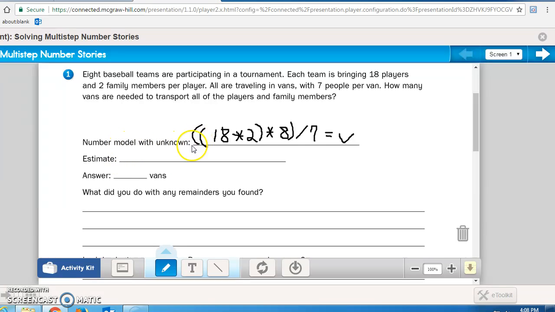Now to estimate that, I would just simply round 18 to 20, and I would leave it times 2, which would give me 40.